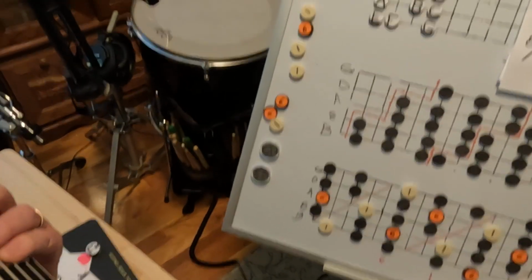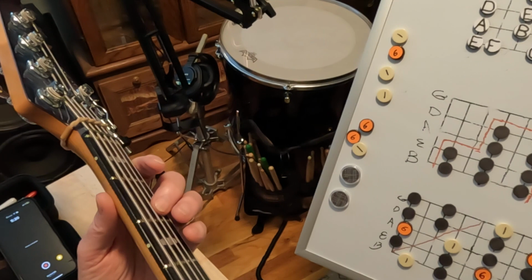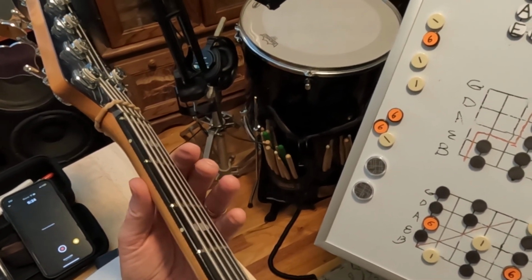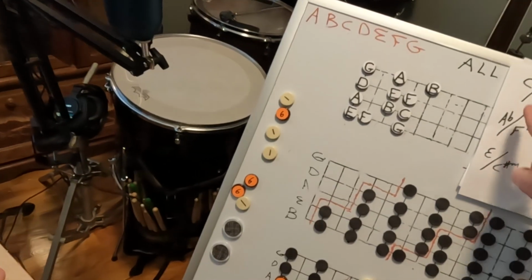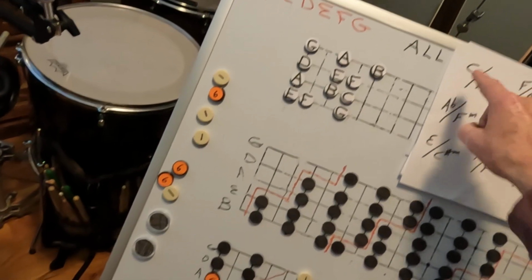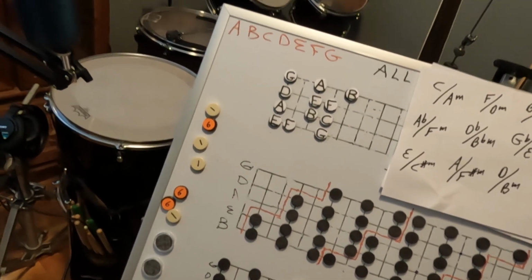You've also got the A minor scale if you start on the A, because C and A minor are relatives. C major and A minor are the relatives, major and minor, to each other.